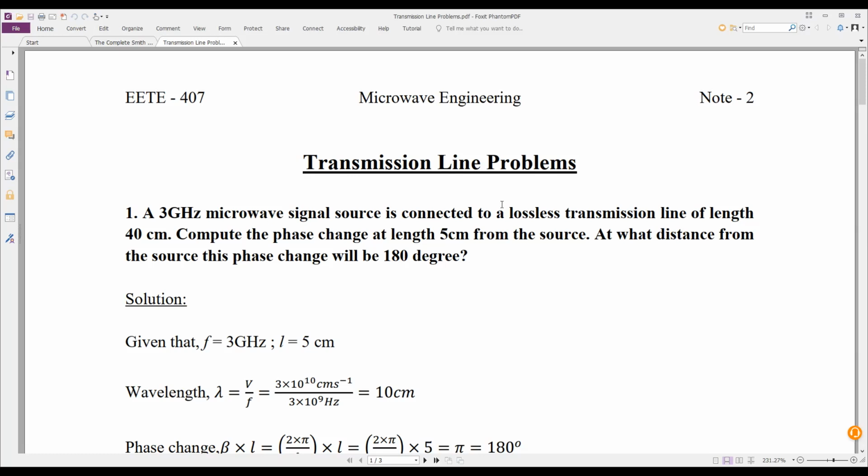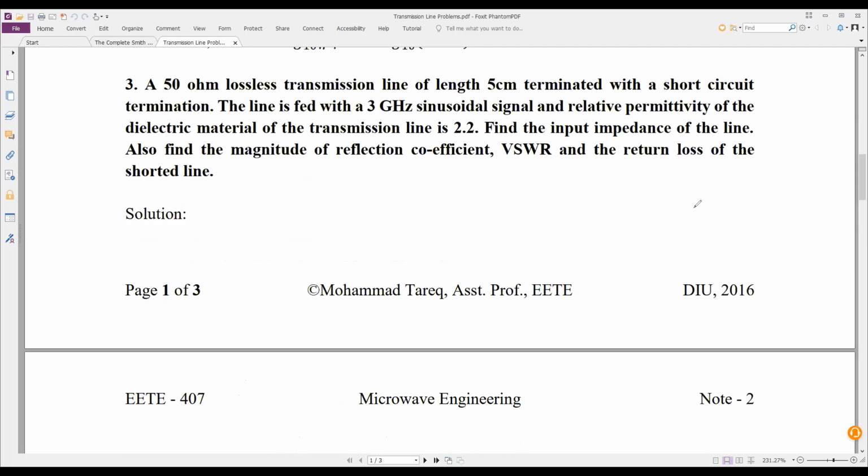So you have to draw the figure to understand these things clearly. First of all, this is the figure. That is the load. The load is short, right?